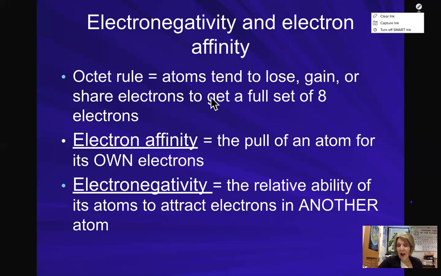Remember, who has the perfect set of 8? It's the noble gases. So everybody wants to get to the electron configuration of a noble gas. They're not going to become a noble gas because the protons are different, but they're going to have their electrons be like a noble gas electron configuration.